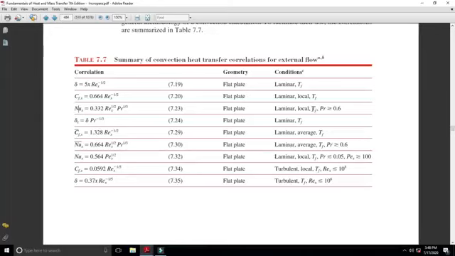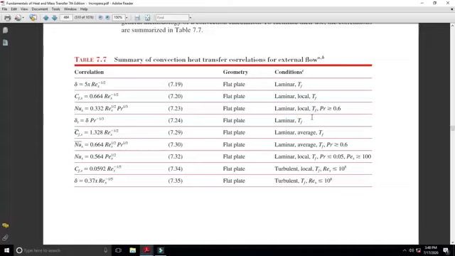And then it says TF, which means that the properties would be evaluated at TF. So the properties such as Prandtl number, viscosity, thermal conductivity, all those properties would be evaluated at TF, meaning film temperature, which is the average temperature of Ts and T infinity.